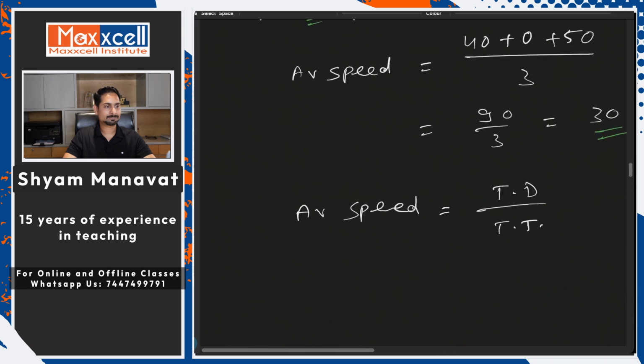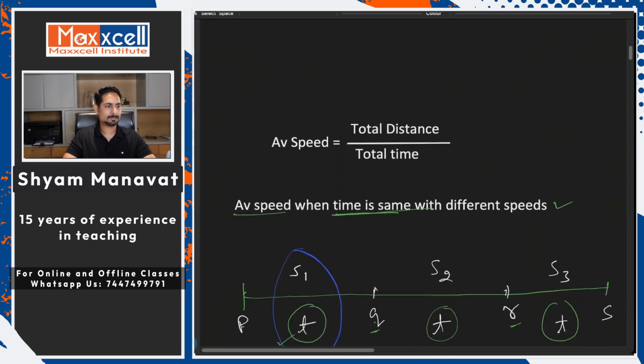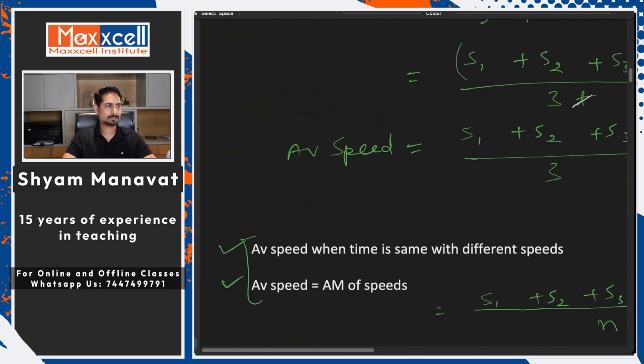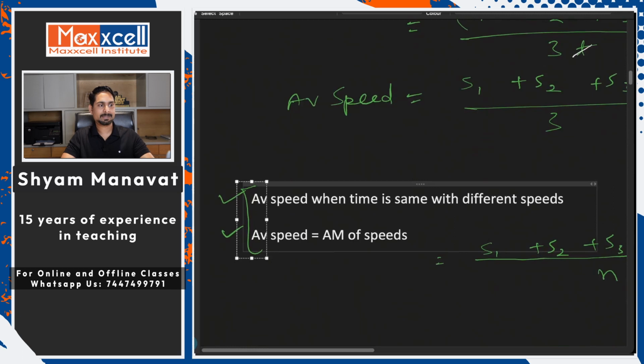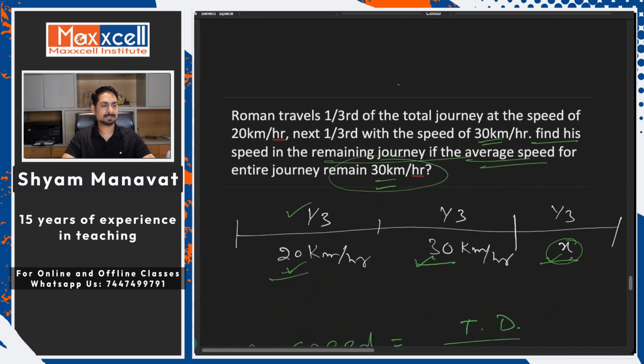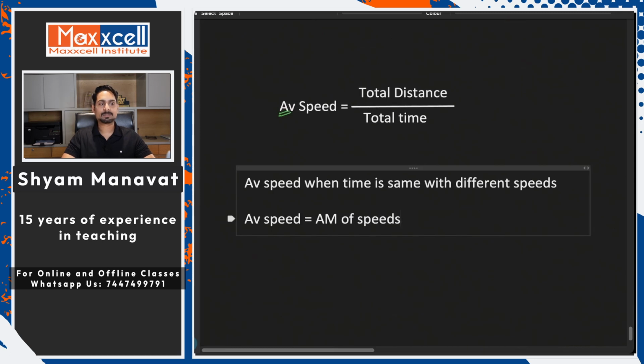Second we learn average speed when time is same with different speeds. In that case we can say average speed equals arithmetic mean of speeds.